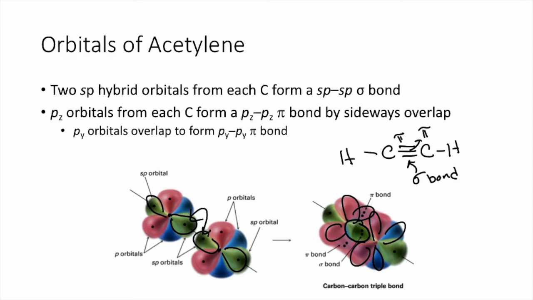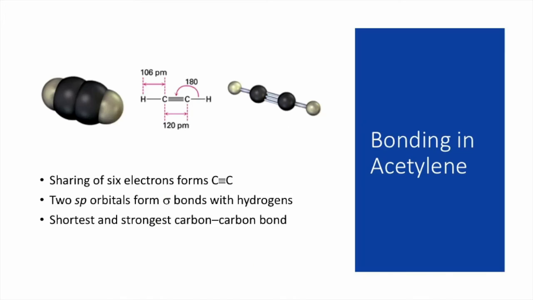And then finally, these carbon-hydrogen bonds are formed from an overlap of the other sp orbitals with the hydrogen 1s orbital, and the hydrogen is not shown in that picture. So as a result, you have a sharing of 6 electrons using 2 sp orbitals to form sigma bonds with hydrogens, and here you now get the shortest and strongest carbon-carbon bond.